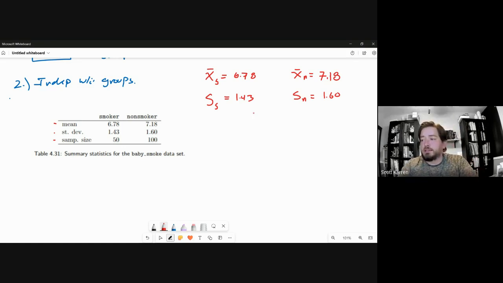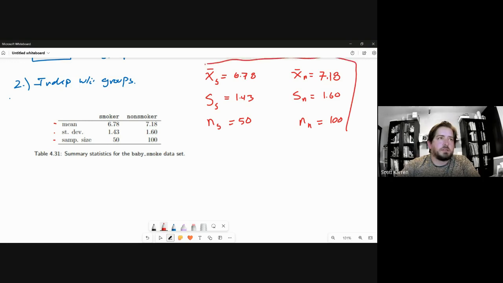So now this summary suggests that the average weight of the babies of the non-smoking mothers is larger, right? But again, we have to find if that is statistically significant or not. And so N, number of observations of smokers, was 50, and N, the observation of non-smokers, is 100. So I have these 6 bits of data.